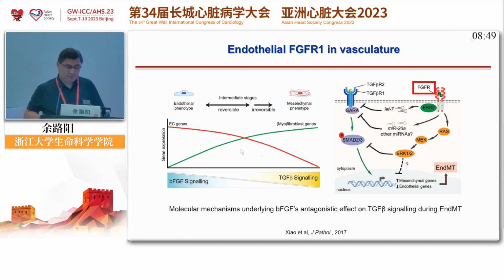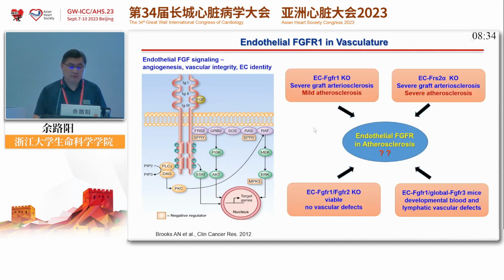Our previous studies show the FGF and FGFR1 signaling played a protective role against the bad signaling, TGF-beta signaling here. However, once we knock out FGFR1 or even all the FGF receptor families in the endothelial cells, we find only some mild phenotype here.